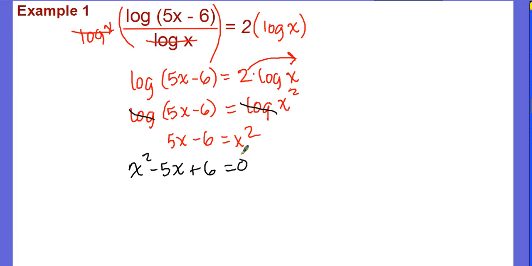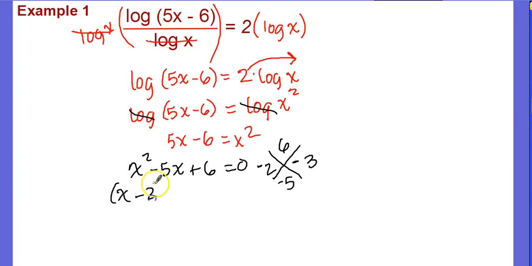And then we're going to use either our factoring skills or the quadratic formula. Always try to factor first. So I'm looking for the factors of 6 that add to negative 5. That's a positive 6, so they have to be the same sign. So negative 2 and negative 3 would satisfy those conditions.